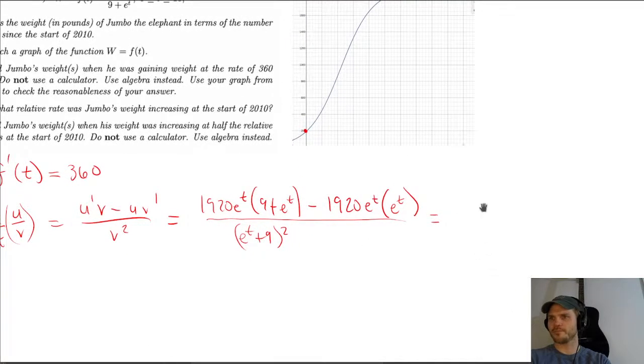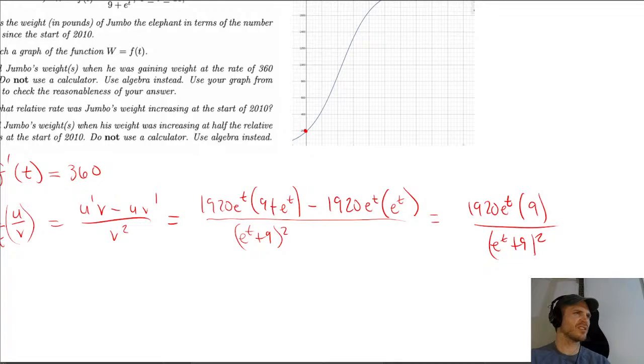I'm going to factor out the 1920 e to the t, and then we'll get 9 plus e to the t minus e to the t, which is 9. And then this is over e to the t plus 9 squared. And I saw somebody posted this in there, and I think that must be right.